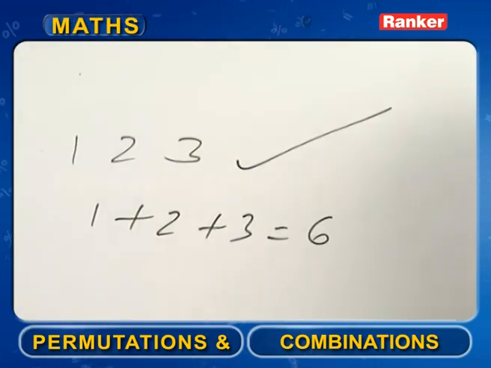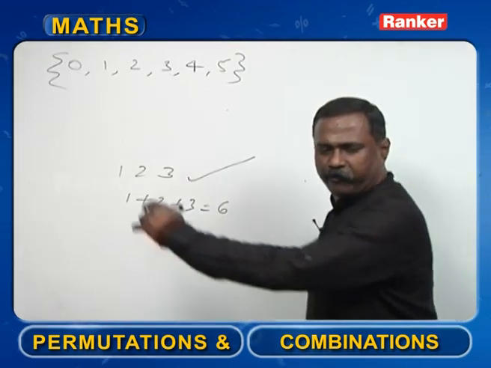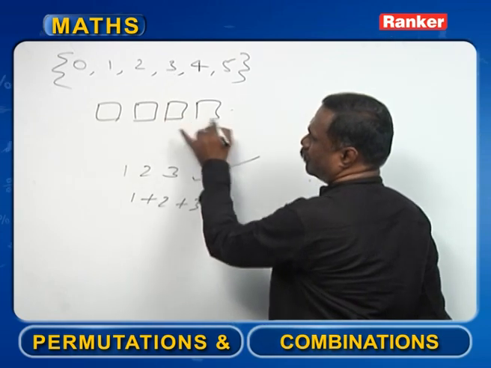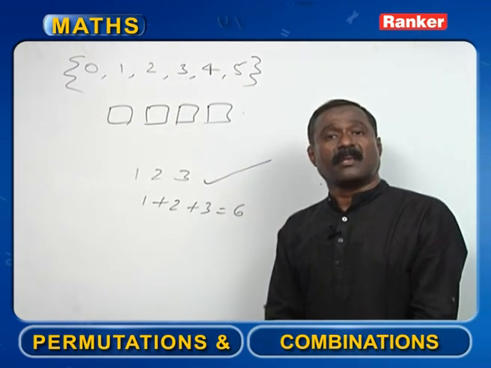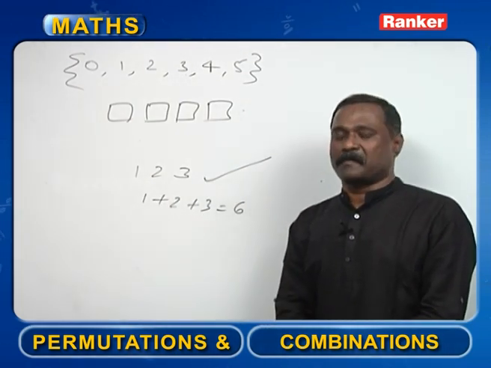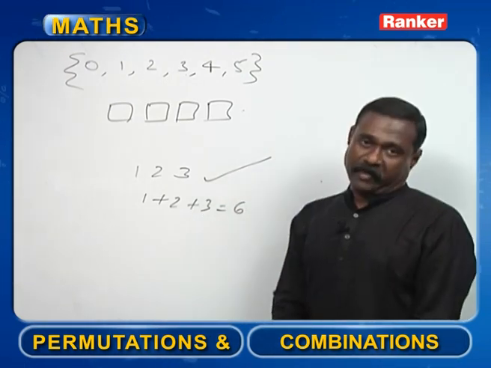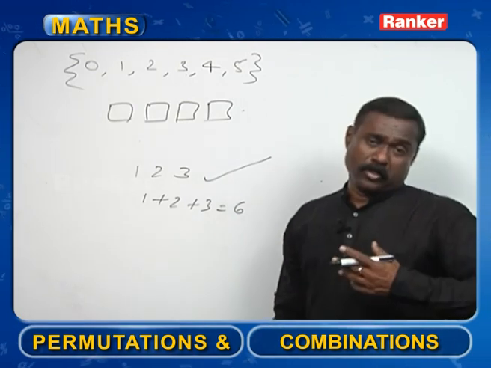That we know. But in this question, you have 4-digit numbers. How many such combinations can we write in this case, using the 6 digits 0 to 5? It's not practically possible to count like this.